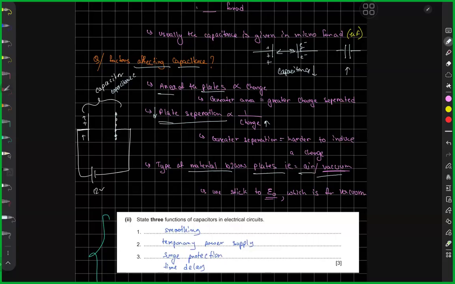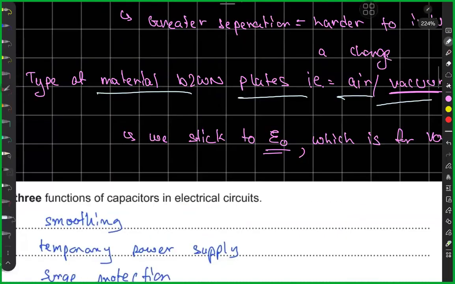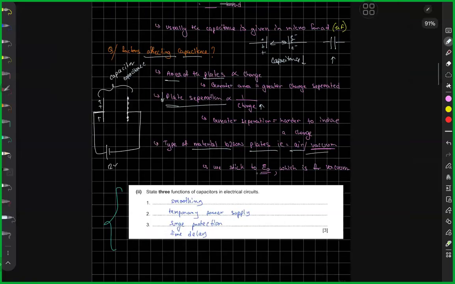Typically when you have a vacuum, it's better induction, and we stick with a permittivity value. I don't think you need to work with this, but you do need to work with this actually later on. I'll show it to you.